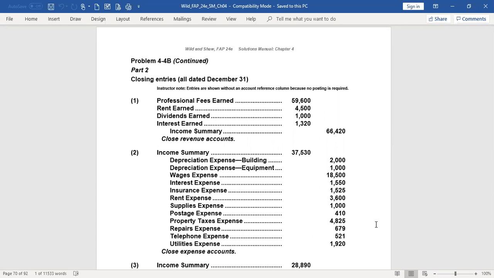So now if you posted these as you were doing them, your revenue accounts are zero, your expense accounts are zero. You're halfway there. Now at this point, find out what the balance is in that income summary account. Right here, you credited it for $66,420, and here you debited for $37,530.